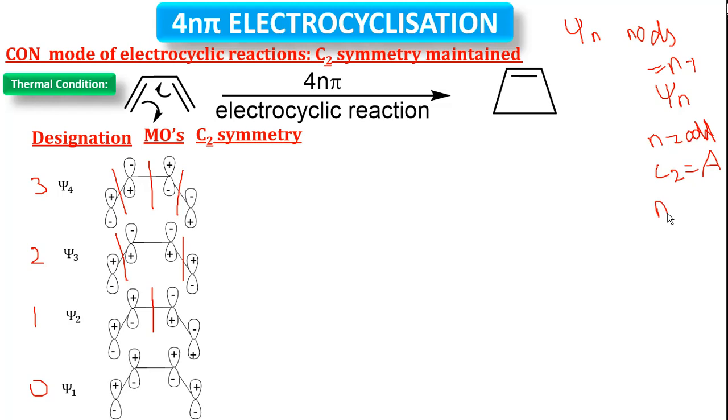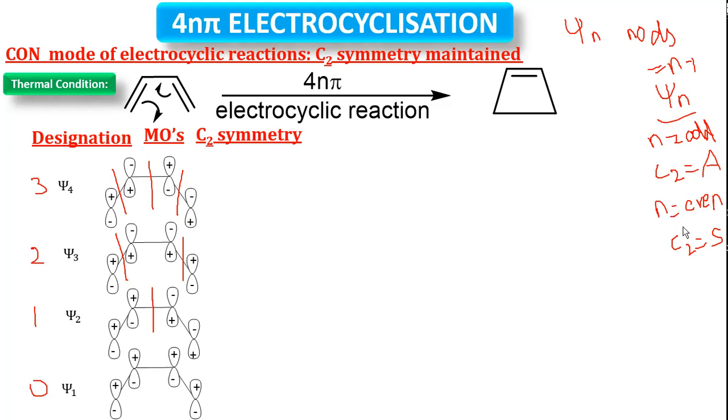When n is even, the molecular orbitals are symmetric. What they are saying: psi n, n is odd, like psi1, psi3, these are asymmetric. When n is even, like psi2, psi4, those are symmetric.